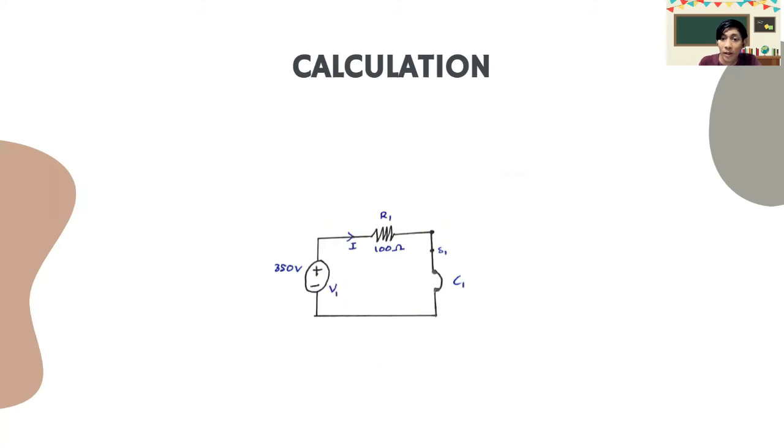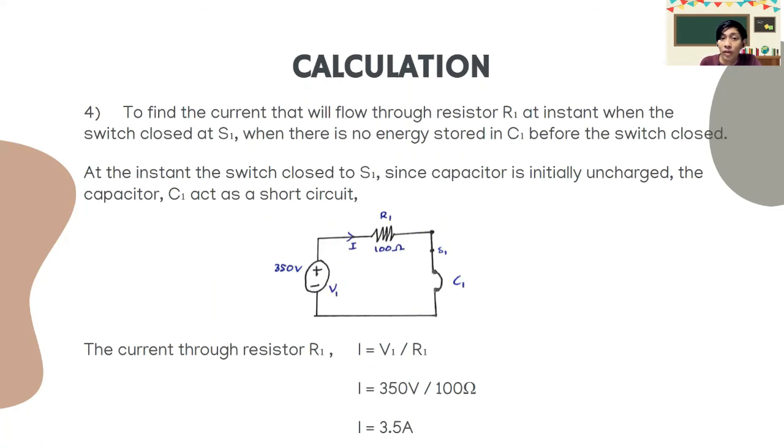Okay, last but not least, to find the current that will flow through resistor R1 at the instant when the switch is closed at S1, when there is no energy stored in C1 before the switch is closed. At the instant the switch is closed at S1, since the capacitor is initially uncharged, the capacitor C1 acts as a short circuit. Therefore, this is the diagram for the circuit when C1 acts as a short circuit.